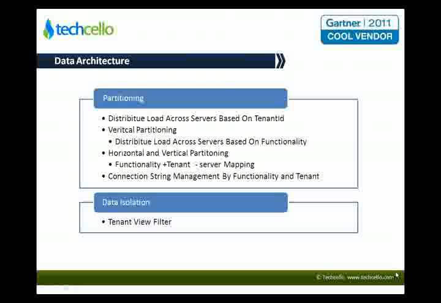Some database servers like SQL support something called a distributed partition view, using which when you have partitioned databases, you can combine the data and bring it to your application. If it is not supported, then you need to have that kind of a facility built in your application to access the data. So that's on partitioning.